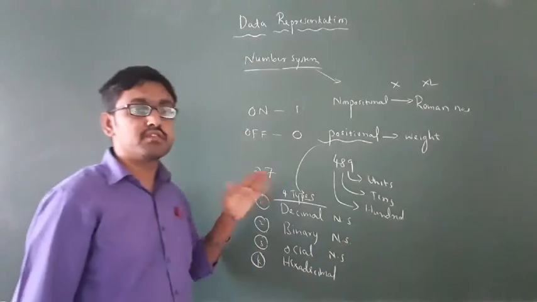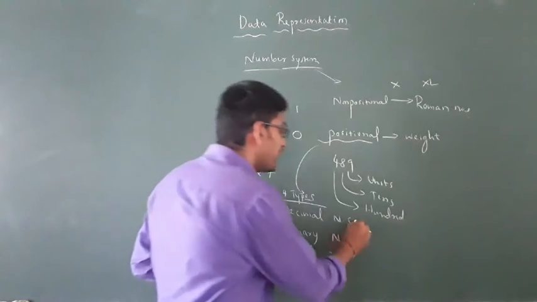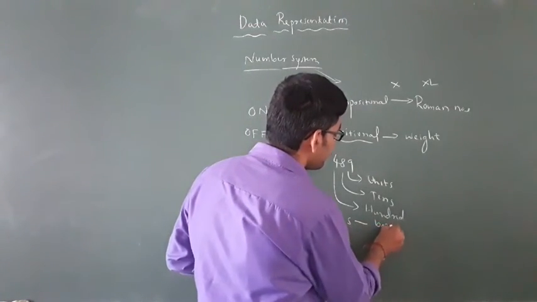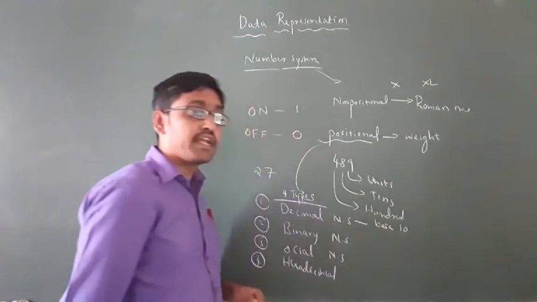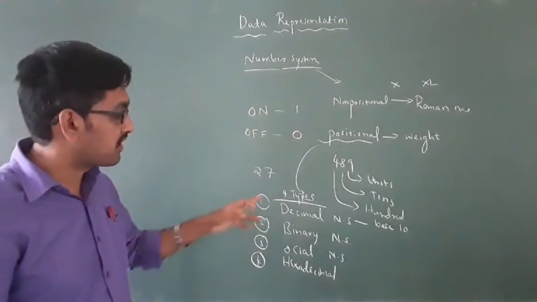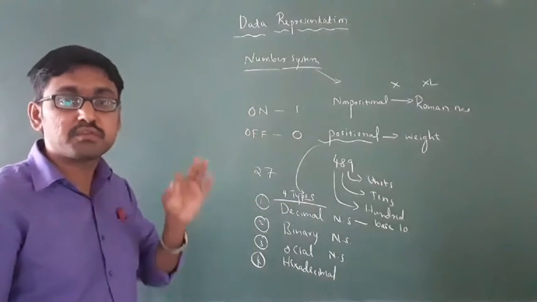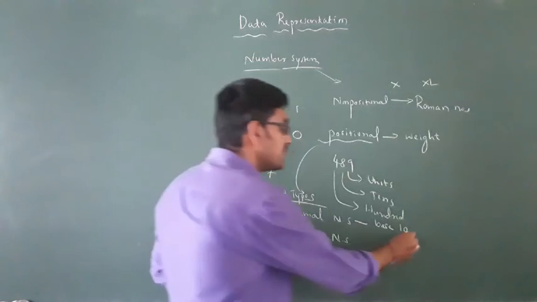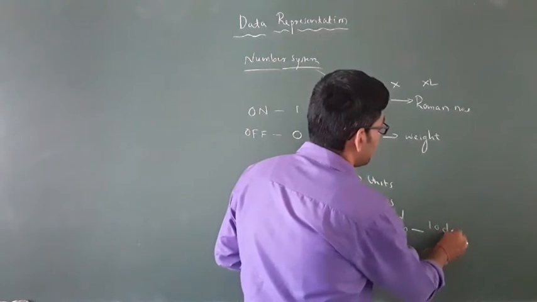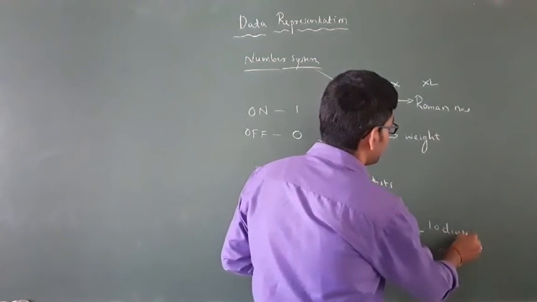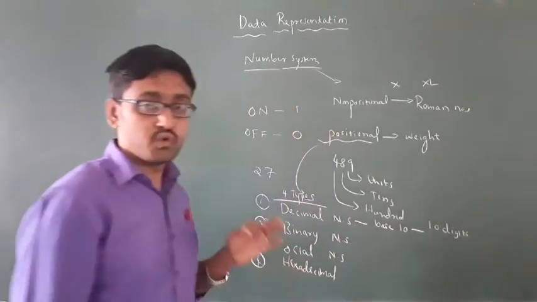The decimal number system has base 10. It always has 10 digits, from 0 to 9.